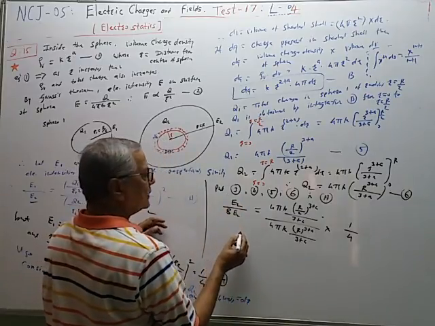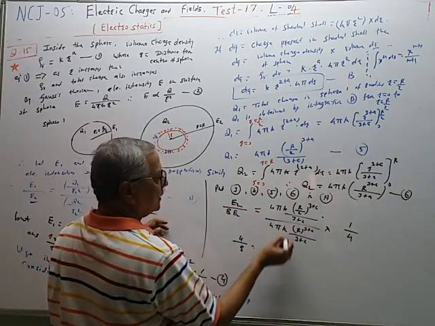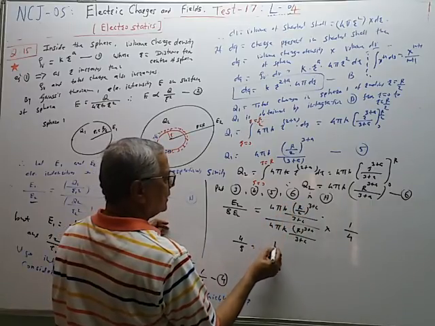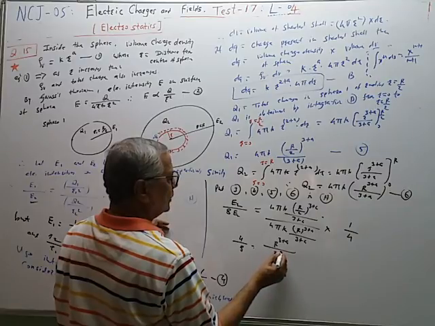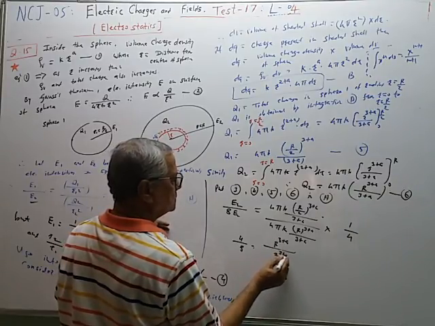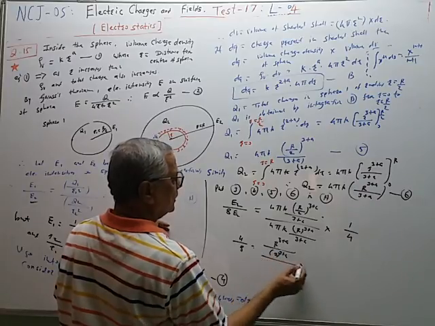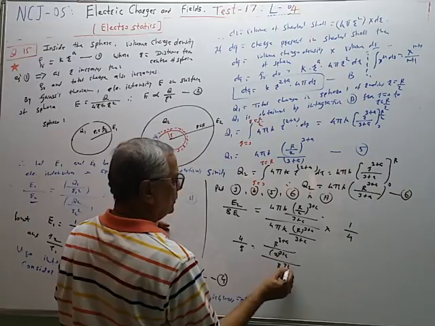So E2 will get cancelled. This 4 will come here. So 4 by 8, k cancels, r raised to 3 plus a, upon 2 raised to 3 plus a, divided by r raised to 3 plus a.